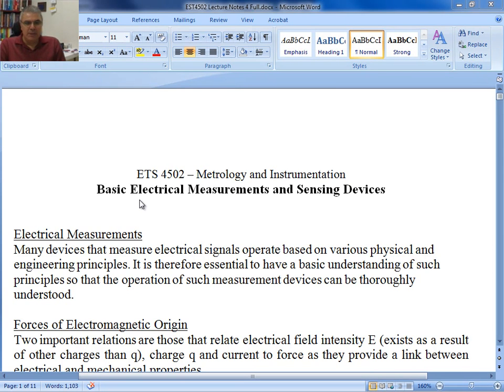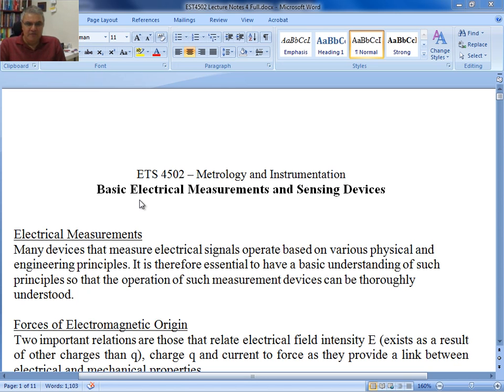The topic of today's lecture is basic electrical measurements and sensing devices. I want to make sure that everybody is on the same page, so before you continue watching this lecture, or during it, you can always stop the recording and review some of your prerequisite materials from your circuit analysis courses.